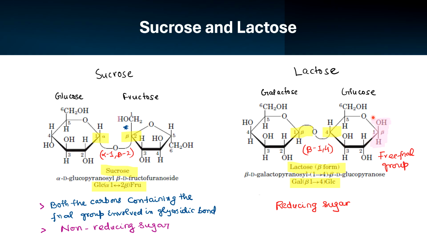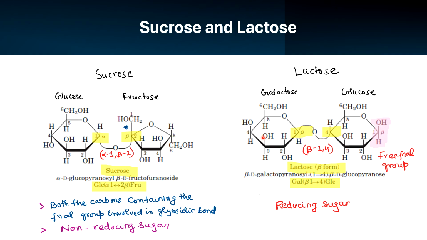See, the C1 anomer of glucose is also present on the top. So the glycosidic linkage in case of lactose is beta 1,4 glycosidic linkage. Is that clear? Now, let's see if lactose is an example of a reducing sugar or non-reducing sugar, right?